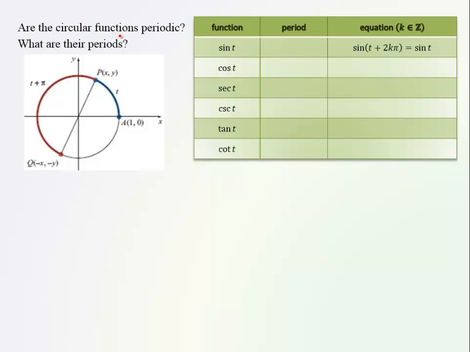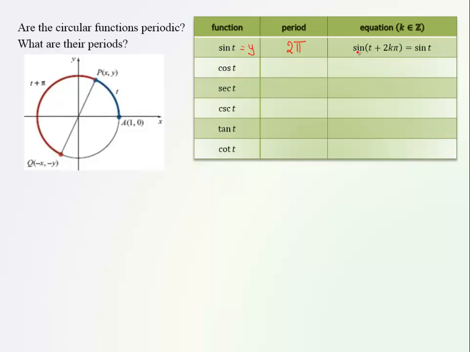Are the circular functions periodic? Well, we already noticed on the first slide that if we have a point P, which determines the value of all our trig functions for the input t, then this value will be exactly the same after the full rotation of 2 pi. And that happens for sine and cosine. Therefore, the period for sine is 2 pi.